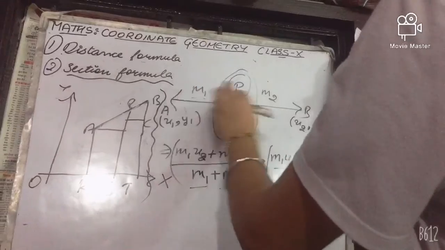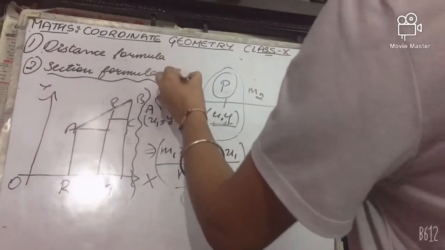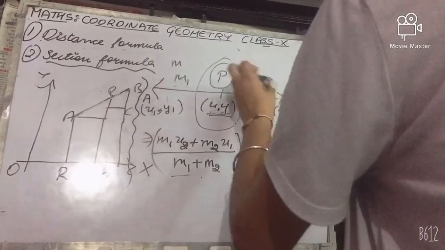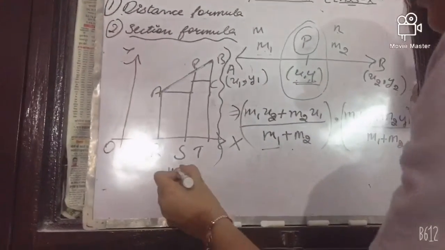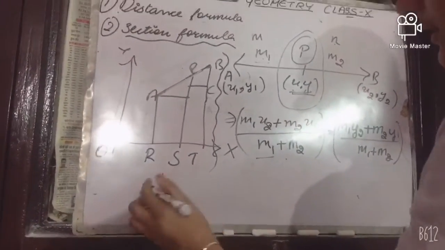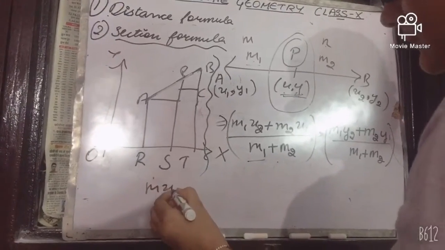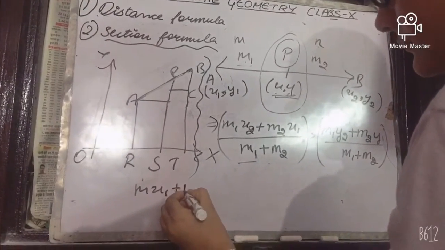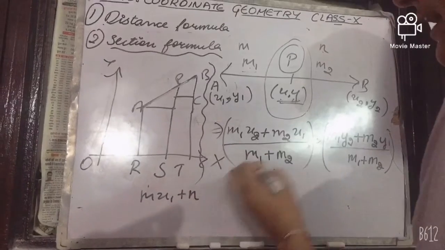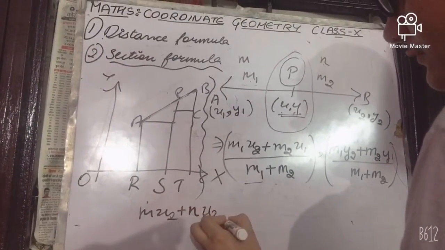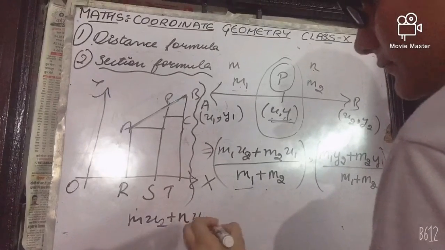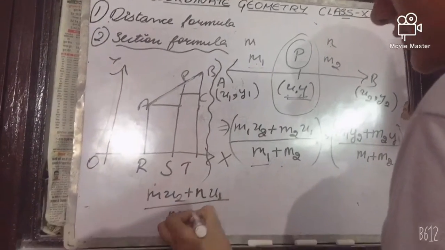If you don't want m1 and m2, besides that you can write m for m1 and n for m2. So then your formula for x will be, where m2 we will write n, m plus n.